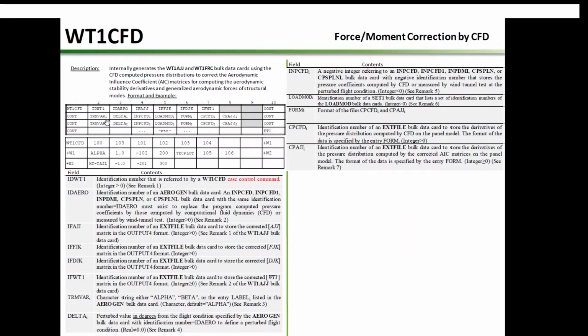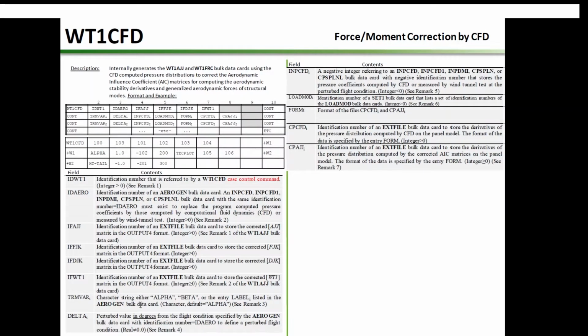Then after that, the trim variable can be either alpha or beta, or the entry label listed in the Aerogen card. Why would we want to do that? Because we want to compute the slope, the derivative of the load. And then delta is the perturbed value in degrees from the flight conditions specified by the Aerogen card. For example, in the Aerogen card, I specify the angle of attack equal to 1 degree.